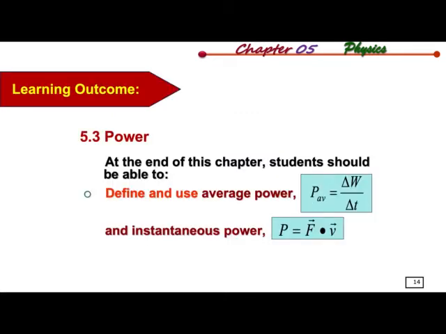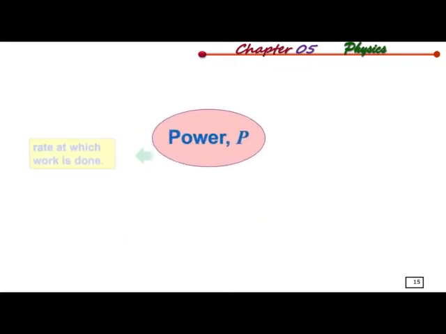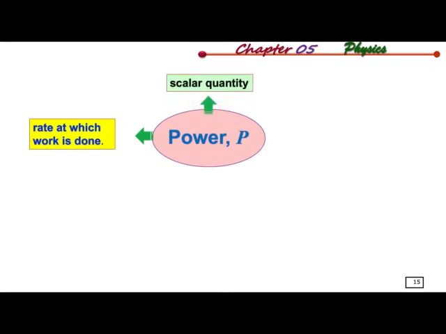Next is 5.3 power. So what is power? Power is the rate at which work is done. It is also a scalar quantity. The SI unit is watt, not joule like work and energy.